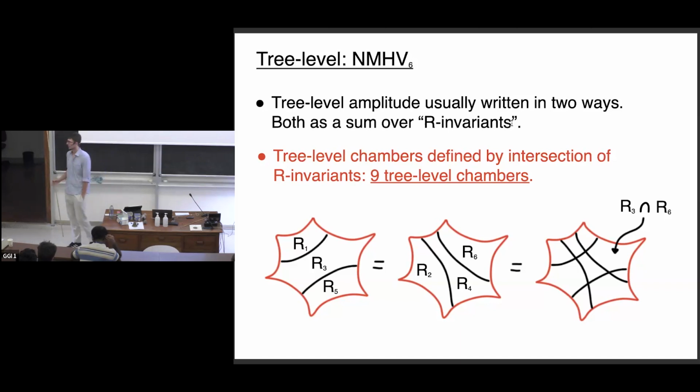And this is what you would get from, for instance, BCFW. But we're not interested in the BCFW decomposition. We're interested in the chamber decomposition. And it turns out, in this case, a tree level chamber is defined by the intersection of one even R invariant and one odd R invariant, in which case we find 9 tree level chambers.